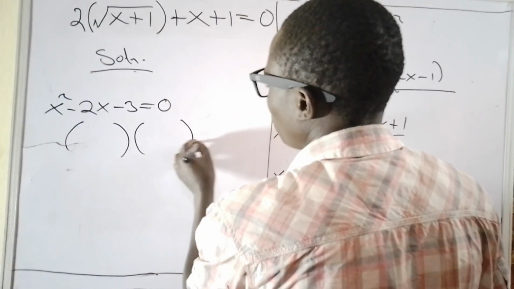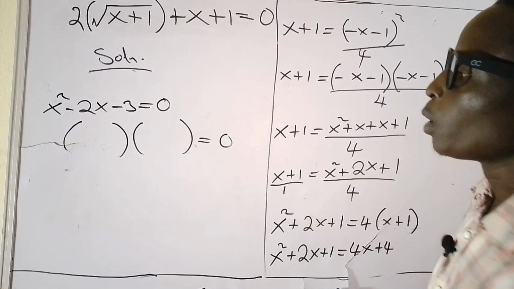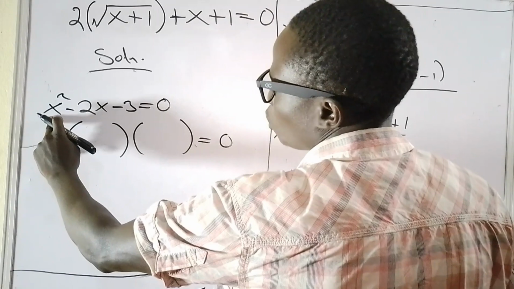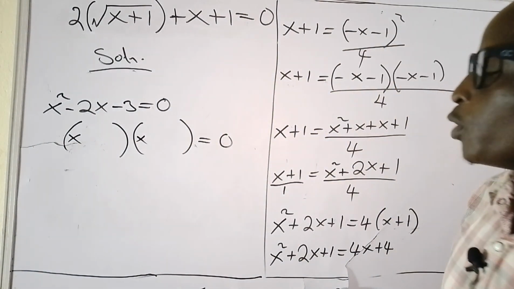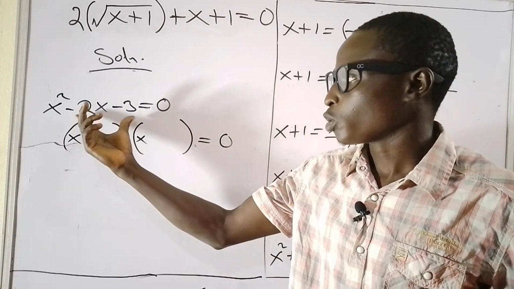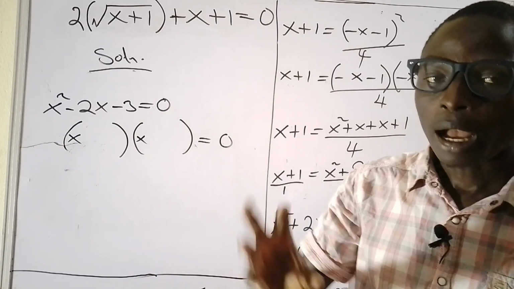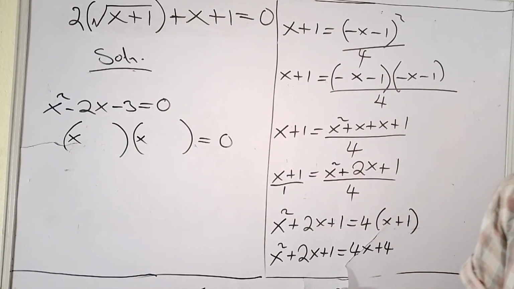In factorization, we must have two brackets when it comes to a quadratic equation. Since the coefficient of x squared here is 1, that means I will have x here, and I will still have another x here. So I need to look for two factors that when multiplied I will get negative 3, and when added or subtracted the result will be negative 2.